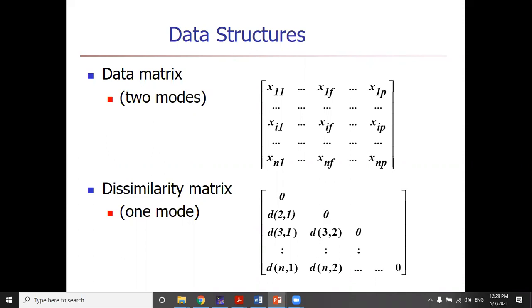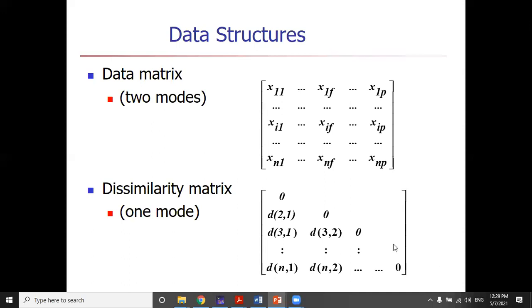The dissimilarity matrix is also called the object by object structure. The data matrix is called the object by variable structure, and the dissimilarity matrix is called the object by object structure. Both are object concepts. The dissimilarity matrix is a collection of proximities available for all pairs of n objects, represented by an n cross n table.